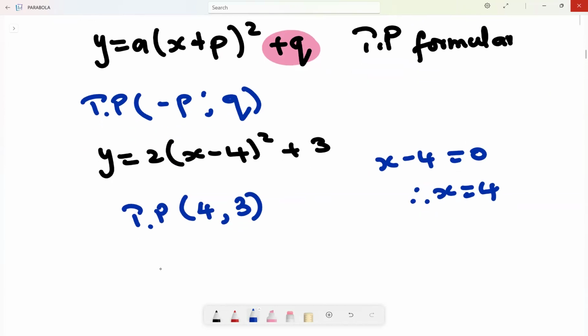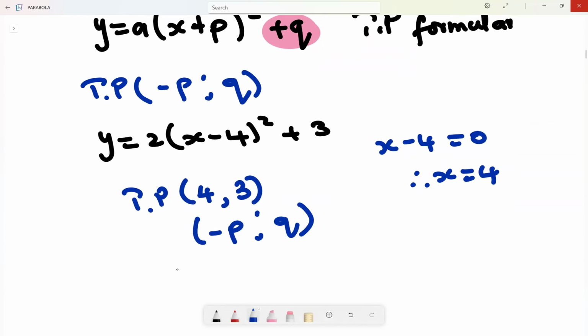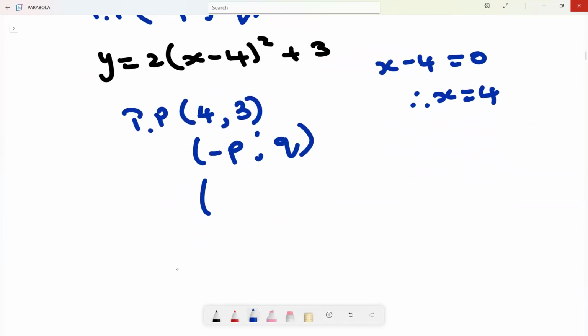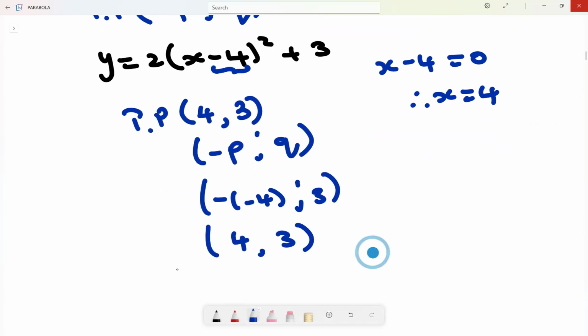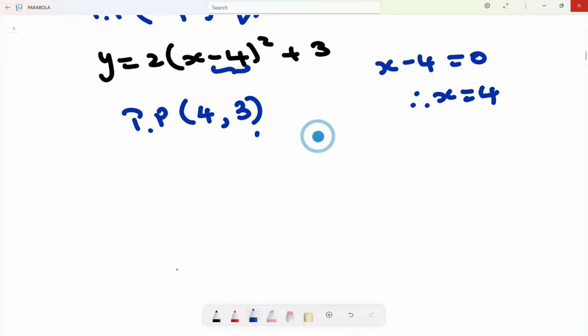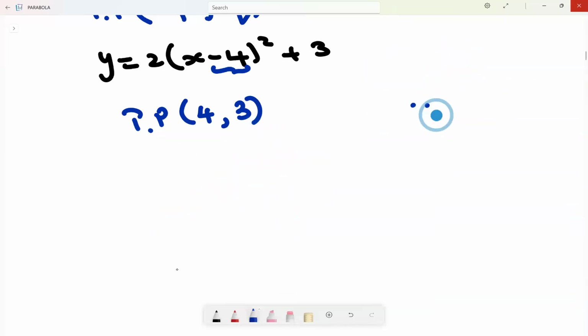Okay, which is the same as saying it is negative p and q. What is p? If I check it here, p is negative 4. Then what is negative p? I just write it as it is. Then can you see it is still the same? Negative, negative gives me positive, and so on. So it's fine. You can say equate that to 0 and you'll be fine.